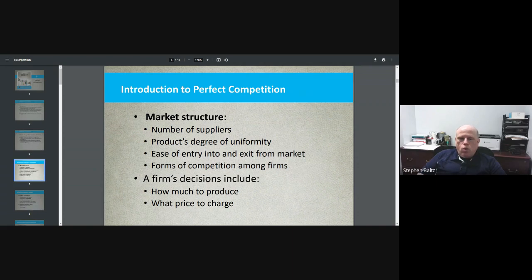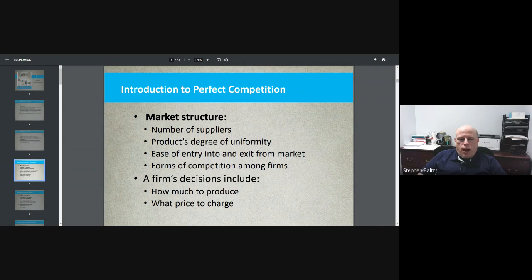Maybe it could be control over an input into the production process, or some other barrier to entry, and you'll learn about several different barriers to entry in Chapters 9 and 10. So the ease of entry into and exit from the market is going to determine what type of market structure you're facing as a firm.